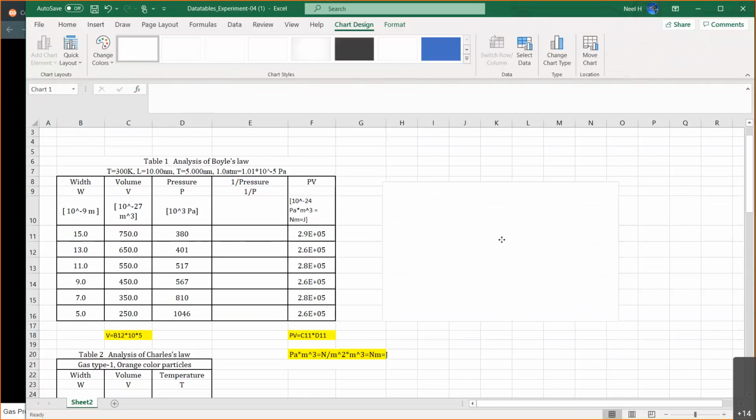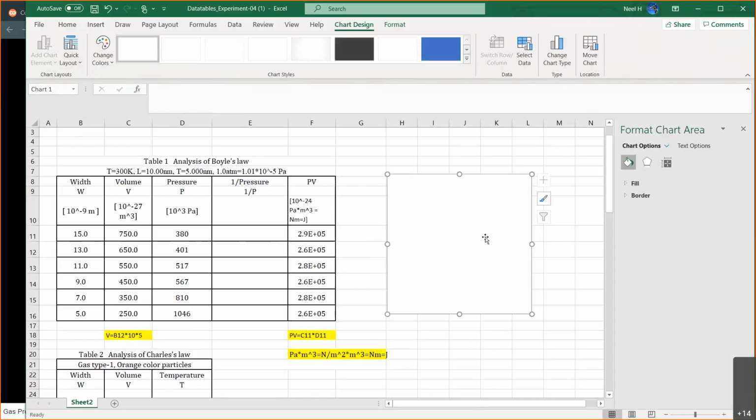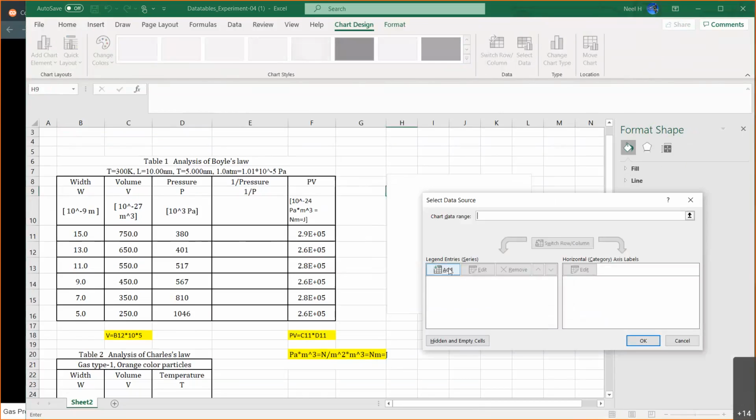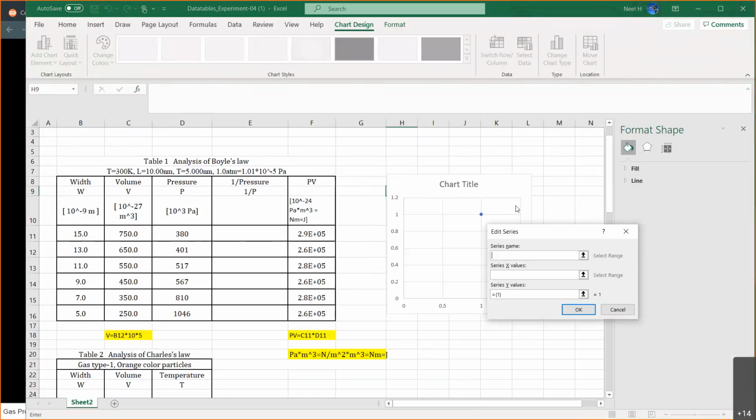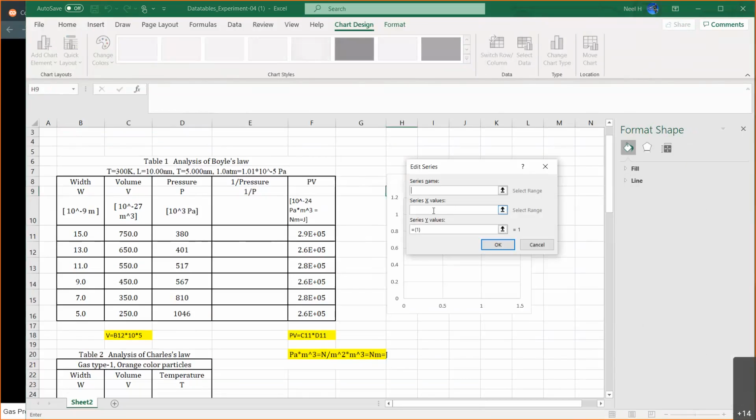Chart and scatter plot. And then let's add the data. Double click on the graph, select data, click on add, left hand side corner. Then you will see this new window, and then click on the X values.